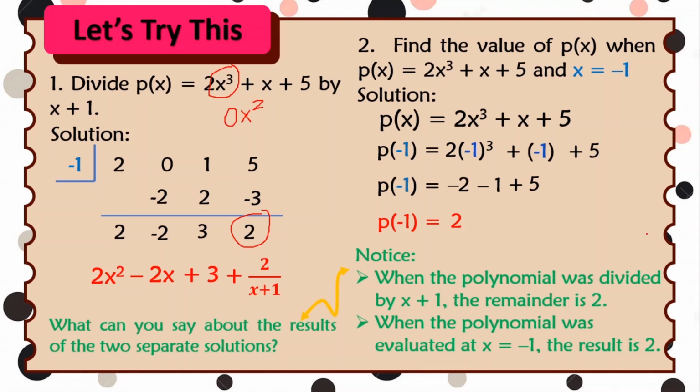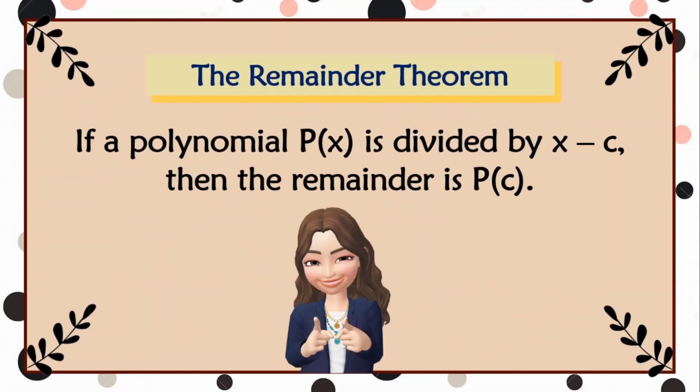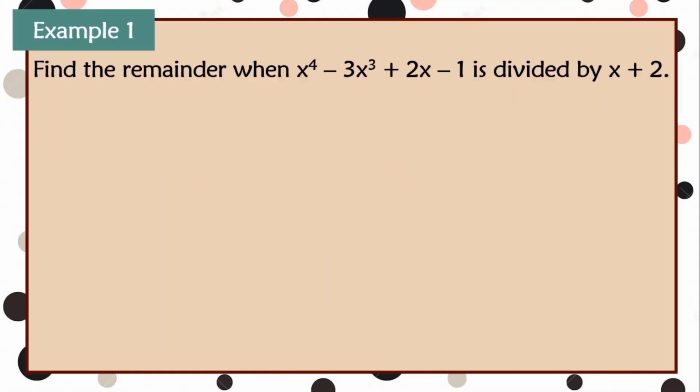Therefore, you will notice that the remainder and the result of evaluating the polynomial are the same, and that is proved using the remainder theorem. The remainder theorem states that if a polynomial p of x is divided by x minus c, then the remainder is p of c.